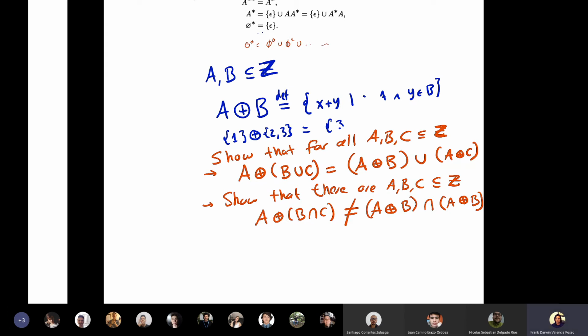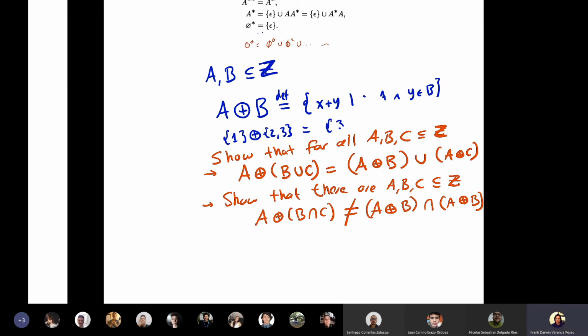So you give me an example of A, B, and C, subsets of the integers, where this is not the same as this, then you have shown it. Because you just need to show that there are A, B, and C such that this is different from this. So an example, which in mathematics is called a counterexample, suffices.